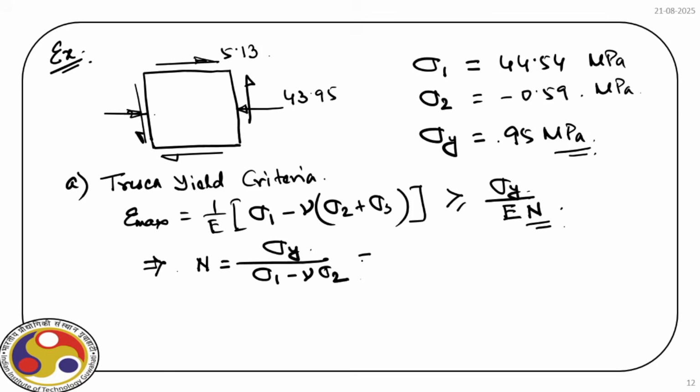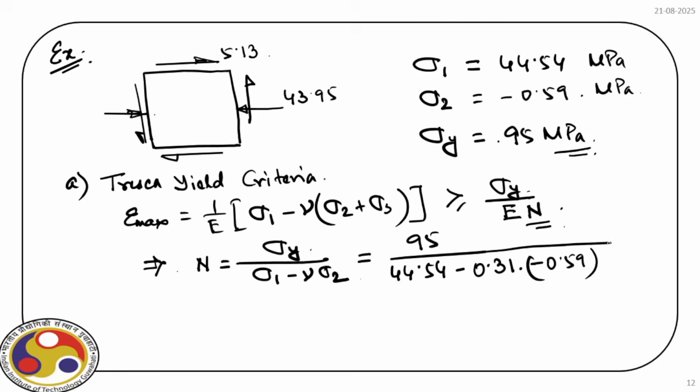And then if we apply the values, what we have, 95 as the allowable stress, and then we have 44.54 minus, say, Poisson's ratio 0.31 times minus 0.59, right?